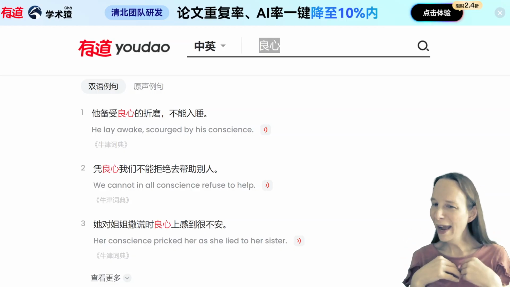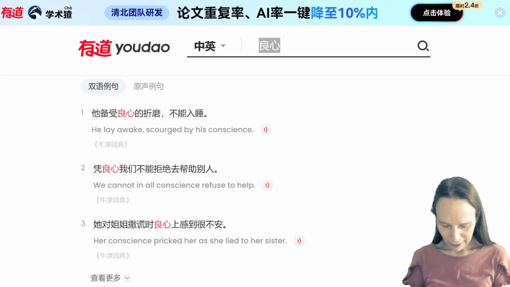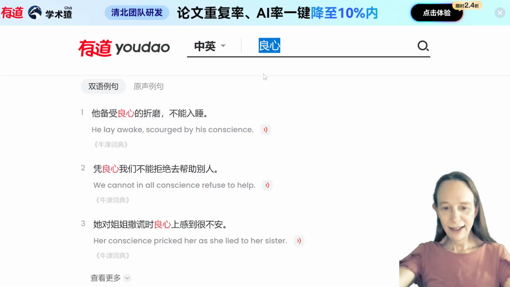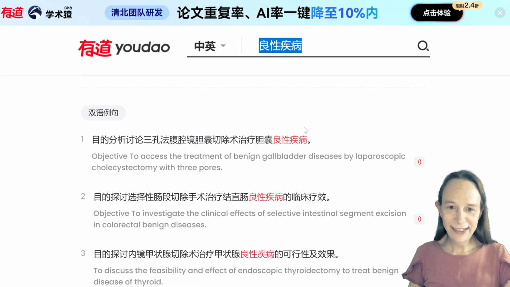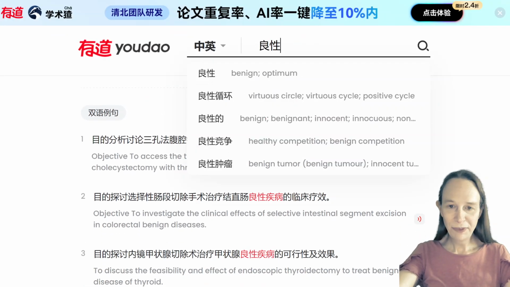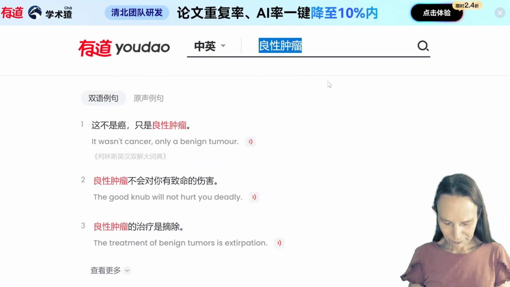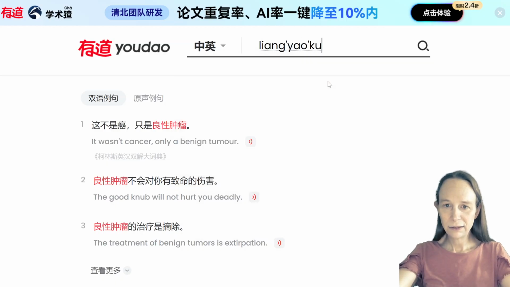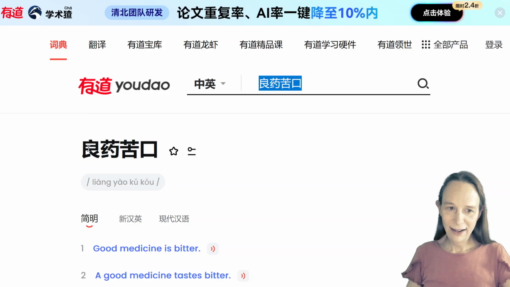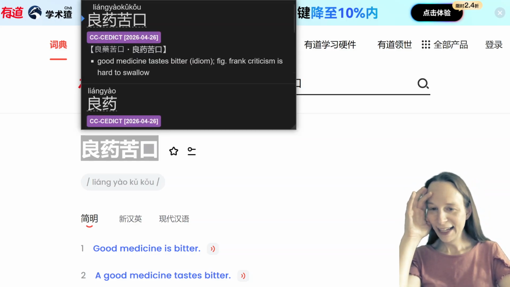It's like you get a bit of a twang: oh, I shouldn't do that. All right, 良性 we saw: 良性疾病, benign disease, or 良性肿瘤, benign tumor. 良药苦口, so good medicine tastes bad kind of thing.